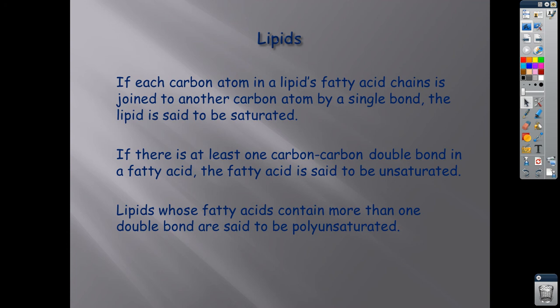If there is at least one carbon-to-carbon double bond, then that fatty acid is said to be unsaturated. And if there is more than one double bond, then it is polyunsaturated. Okay? So again, single bond, saturated. A double bond, unsaturated. More than one double bond, polyunsaturated.